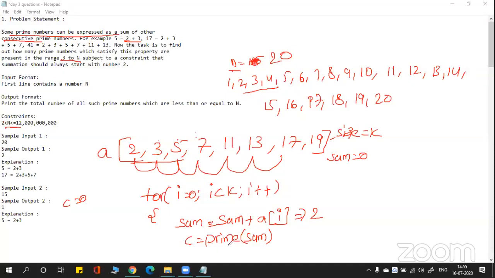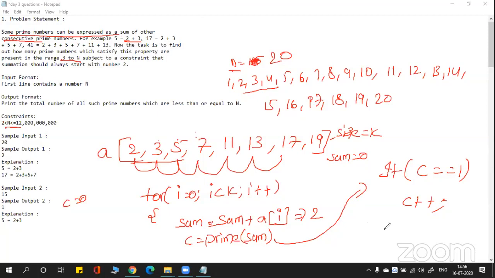This prime is a function that returns 1 if the number is prime and 0 if it is not. After this I'll write a condition: if c double equal to 1, that is, whenever the sum is a prime number, then increment count plus plus.